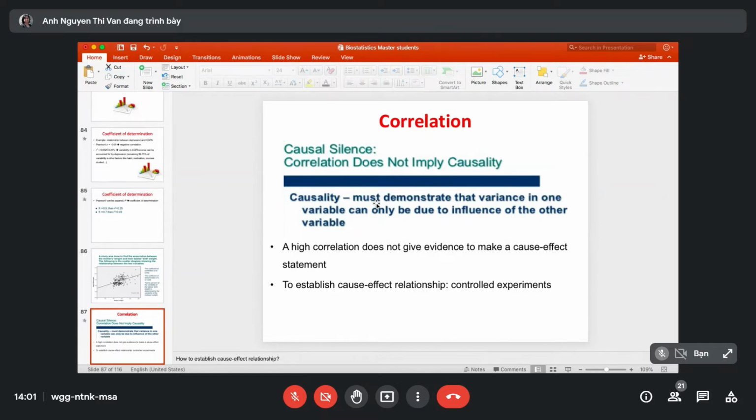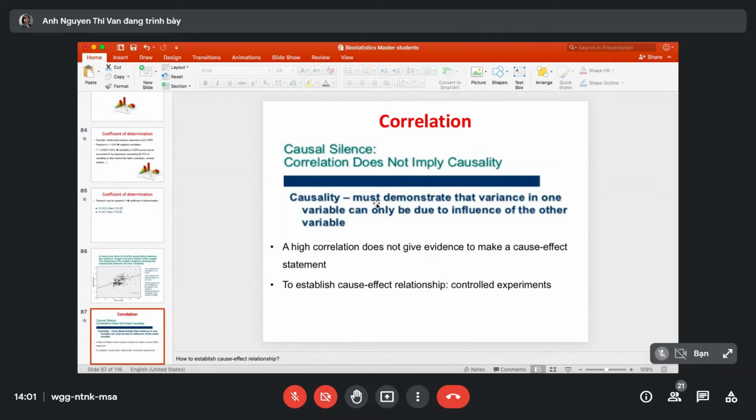And we need to use controlled experiments. That's why when you search the internet for literature, you may find many studies that have a control design. We need the controlled experiment to give evidence for the cause-effect relationship.